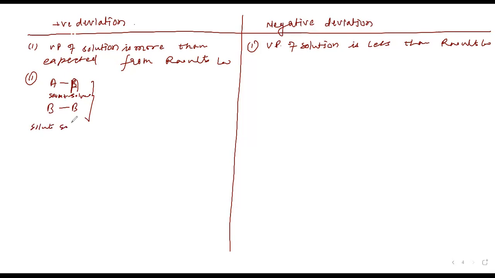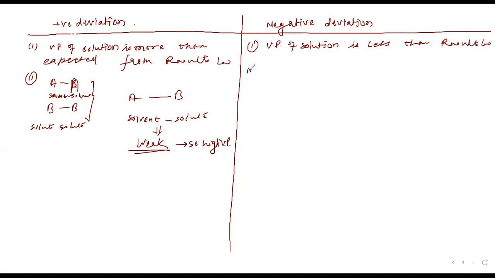When you are mixing, the A-B interaction forms between solvent and solute. This interaction is weak, so more evaporation will take place. So if the solute-solvent interaction is weak, there is high vapor pressure.